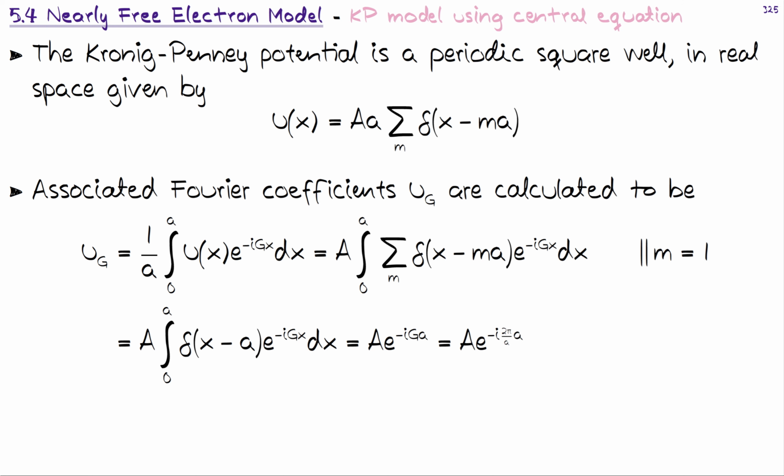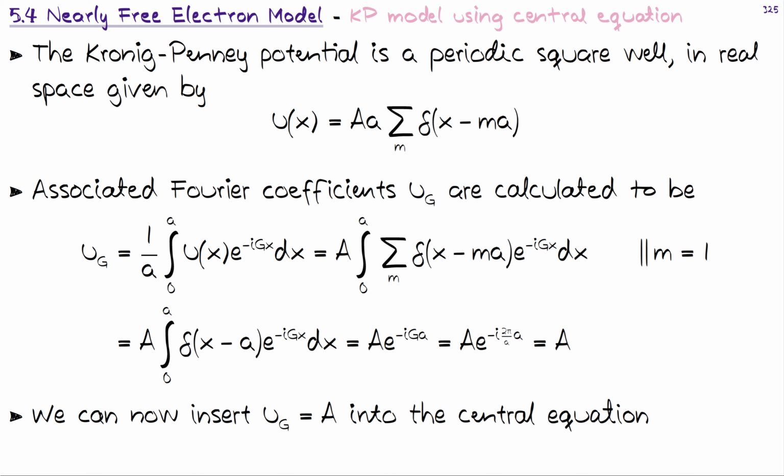We are left with not very interesting looking Fourier coefficients, because they are always just capital A. But on the other hand, nice simple math is very conceptually illustrative, so let's be happy with this outcome. Now all the U_G, for any G, are just A, and we can plug that into the central equation.